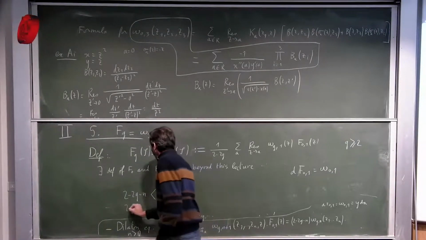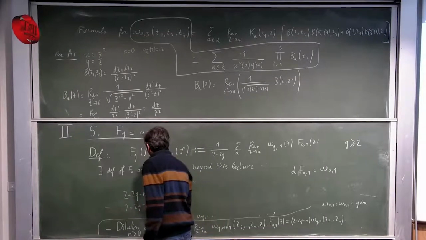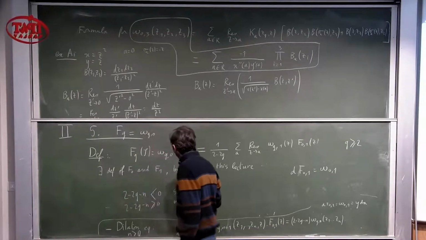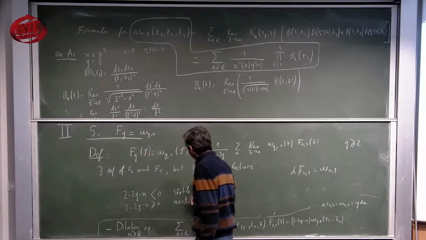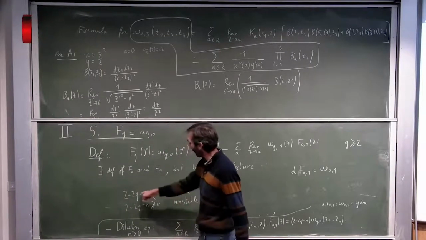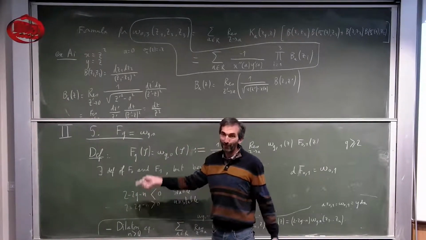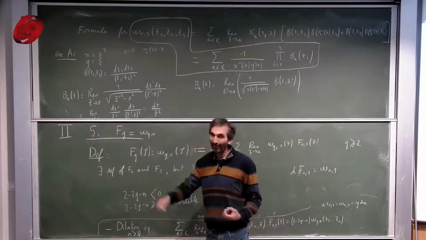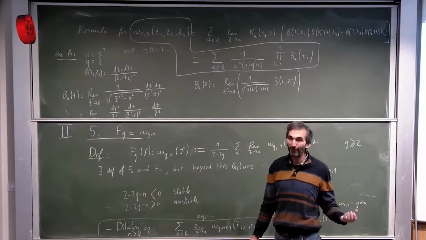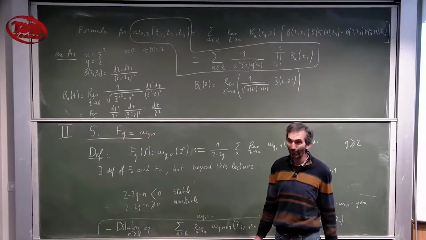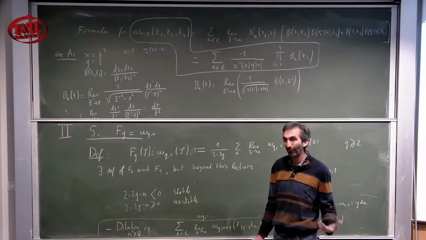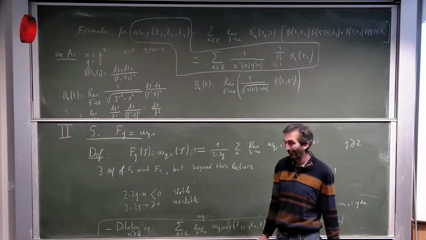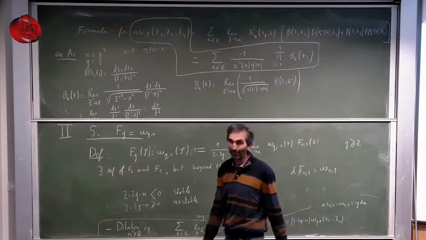And 2 minus 2g minus n positive is called unstable. If you count surfaces that have this Euler characteristic, they have a finite number of automorphisms. If you count surfaces that have this Euler characteristic, they have infinitely many automorphisms. They have an infinite group of automorphisms. This is the notion of stability in the classification.